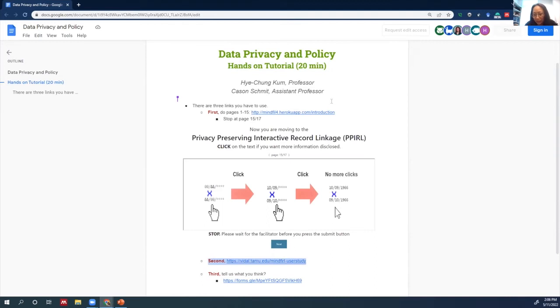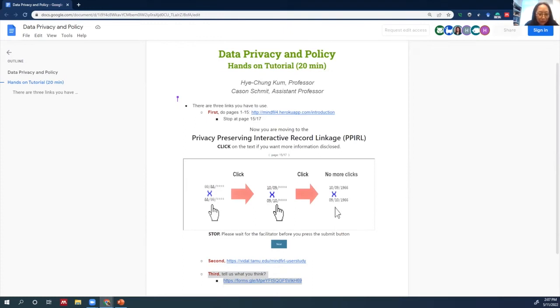We'll be quiet and I'll be here if you have any questions, but if you could just try to click through a few things, spend maybe 5 to 10 minutes doing the first 15 minutes. Then click around the second link a little bit just to get a feel for what it's like. And then think a little bit and type in a few things in the third link, which is a Google form.